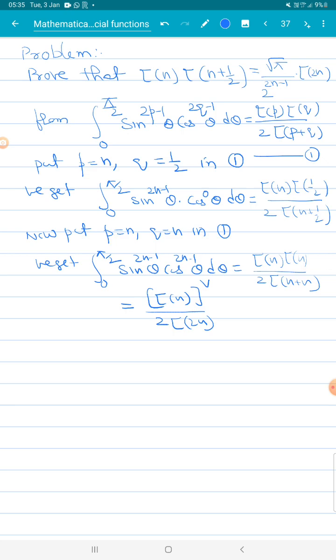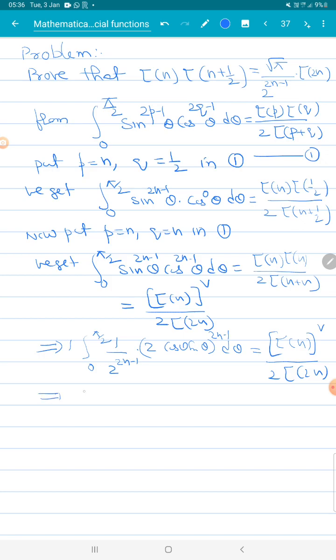So now I want to simplify this. Since sine 2 theta is equal to 2 sine theta cos theta, this implies that integration 0 to pi by 2 of 1 by 2 to the power of 2n minus 1 into 2 cos theta sine theta to the power 2n minus 1 d theta equals gamma n whole square by 2 into gamma of 2n.